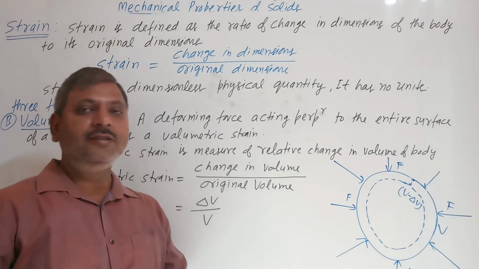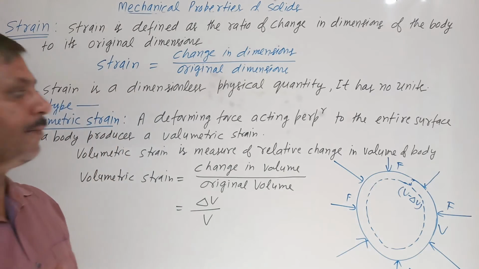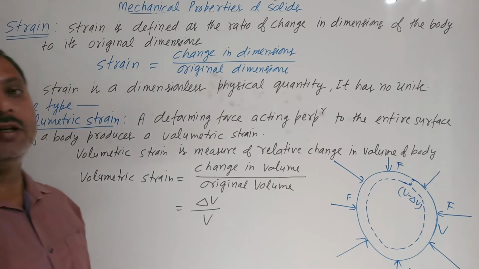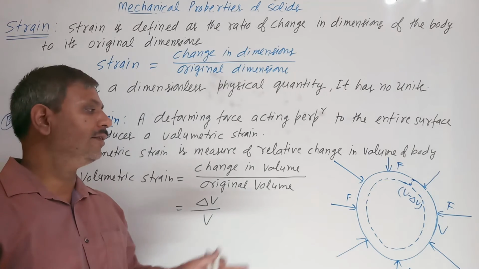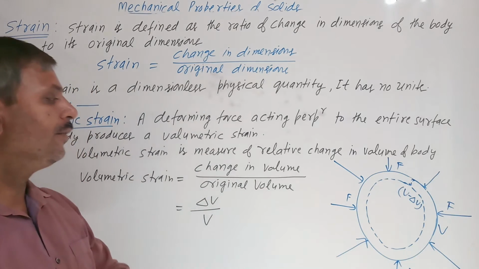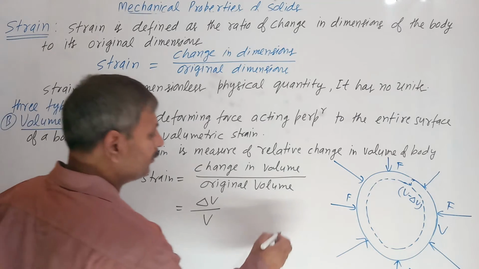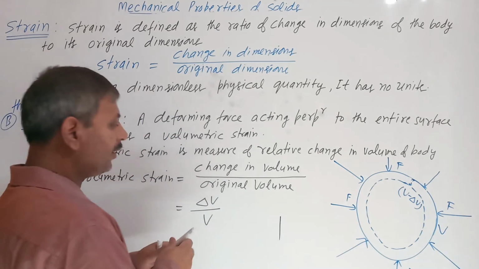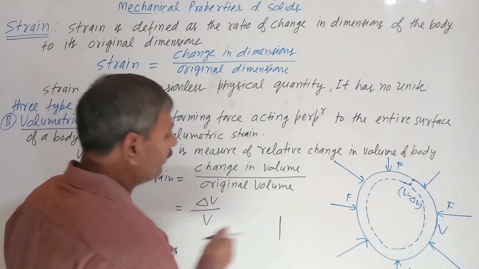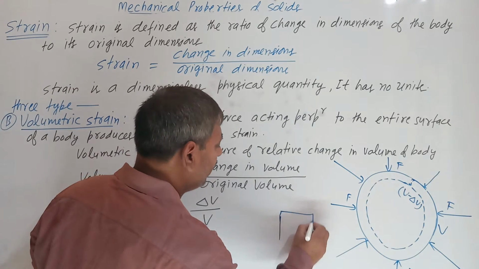Next one is shearing strain. So three types of strain are there: longitudinal strain, volumetric strain, and the third one is shearing strain. The same thing we can apply for a cube also. Suppose I have taken one cube and applied forces from all sides.